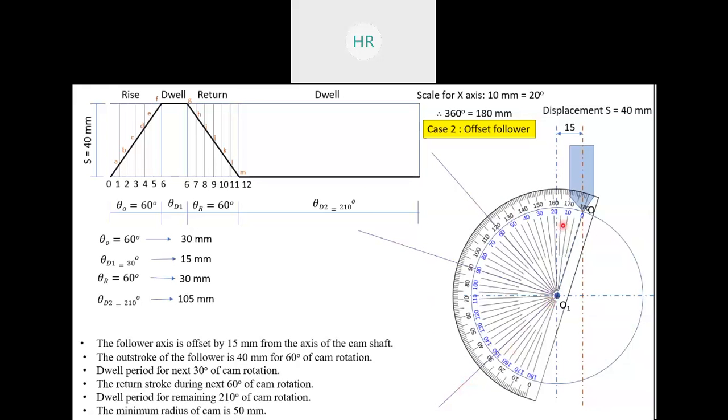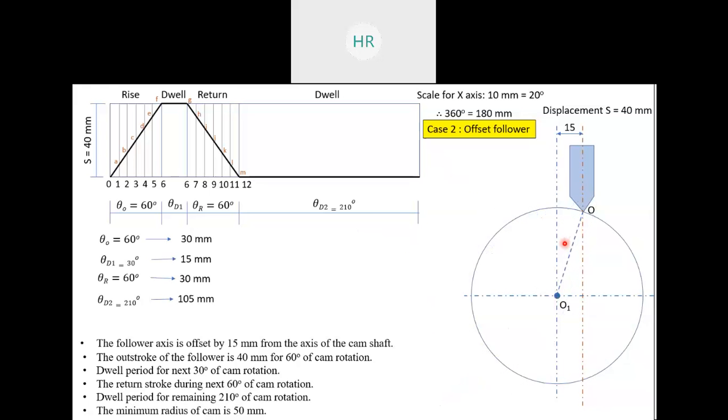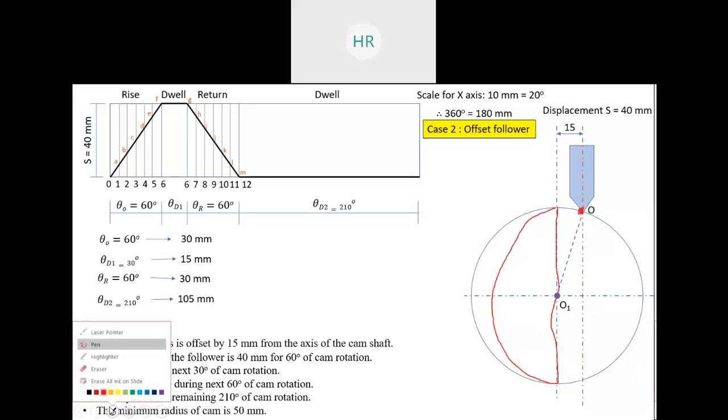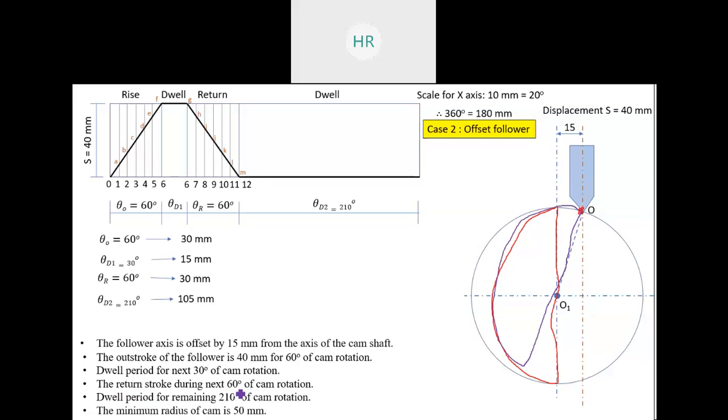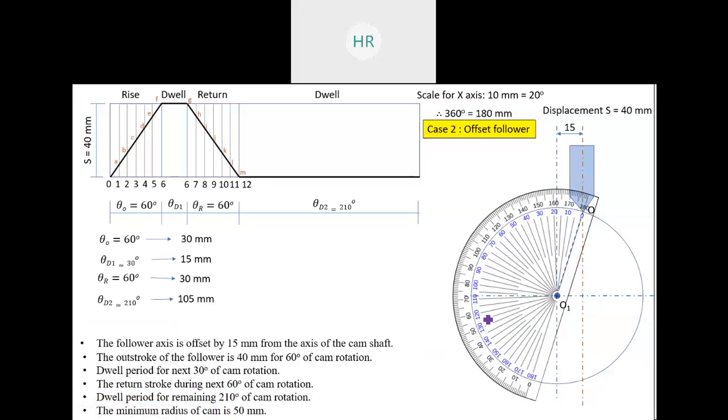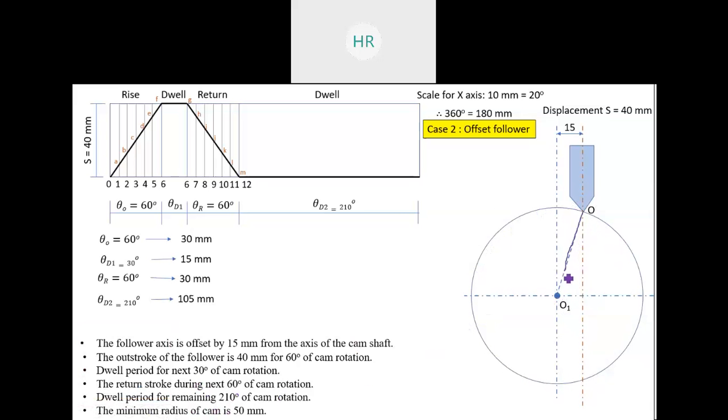Now see the difference between the first case and the second case. In the first case, we placed our protractor here, like this. But now, as my follower is over here, in this case I place the protractor in this direction, like this. That is the difference between the first and this second case. See here again, I have placed the protractor on this line.